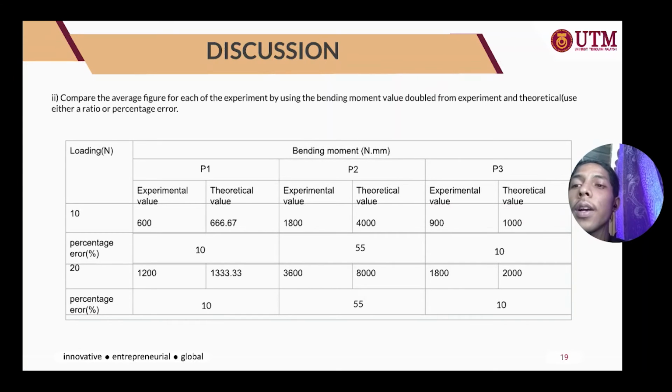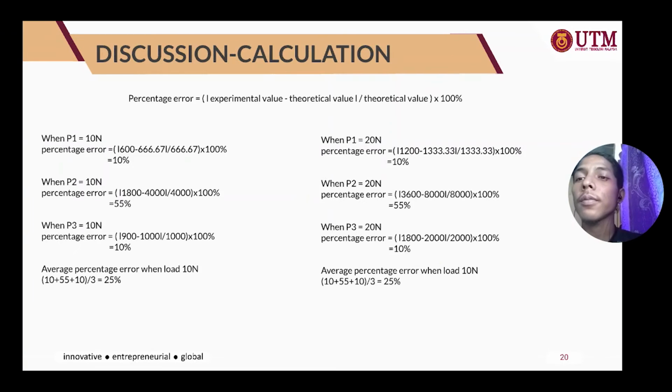For P1 we got percentage error 10, P2 55, P3 10 for 10 Newton load. It goes the same for 20 Newton load, which is P1 10%, P2 55%, and P3 10%. This is the calculation.